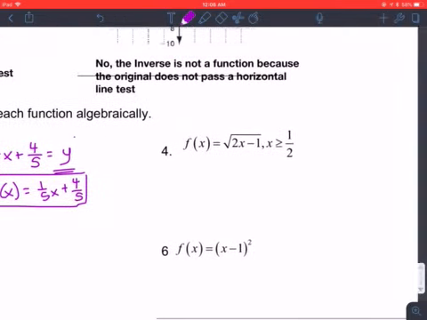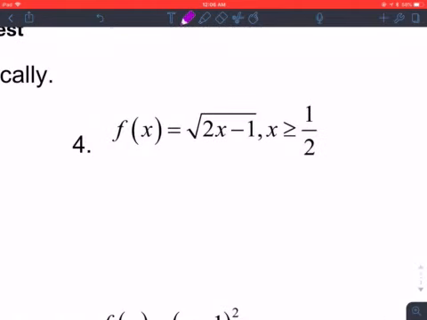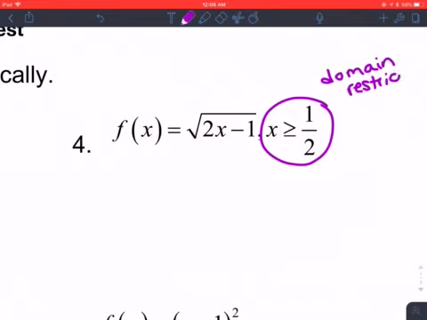Let's look at number 4. You'll see this x is greater than or equal to 1/2. This is a domain restriction, and it is used to make sure that this thing is a function. So you don't really have to worry too much about that.